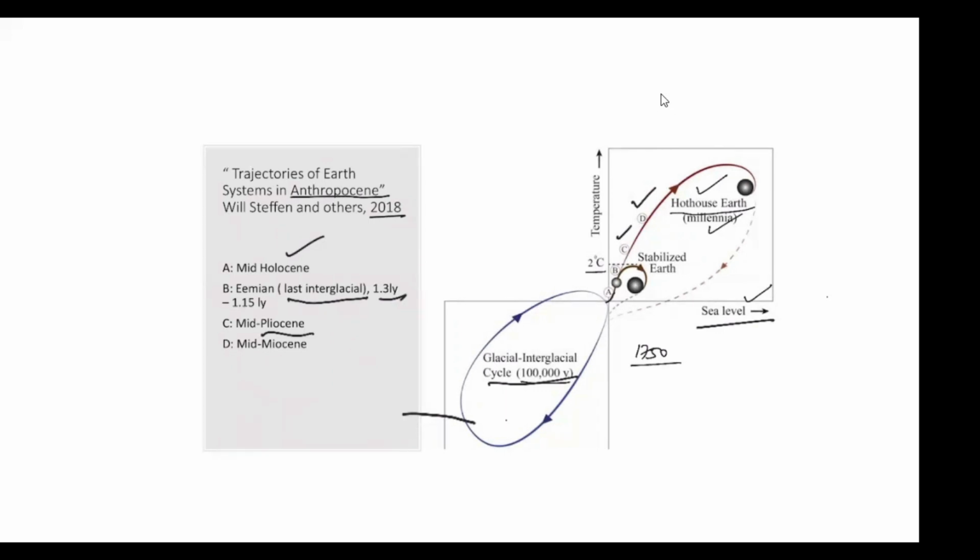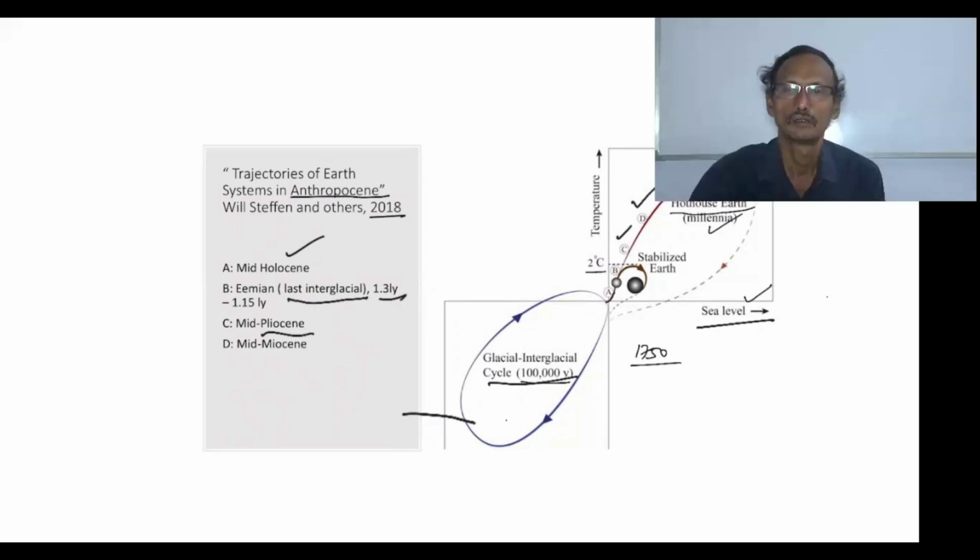Okay, so in summary, we can say that Earth moved out of the glaciation system, and we have to see when it will enter the hothouse Earth and whether we can prevent it.